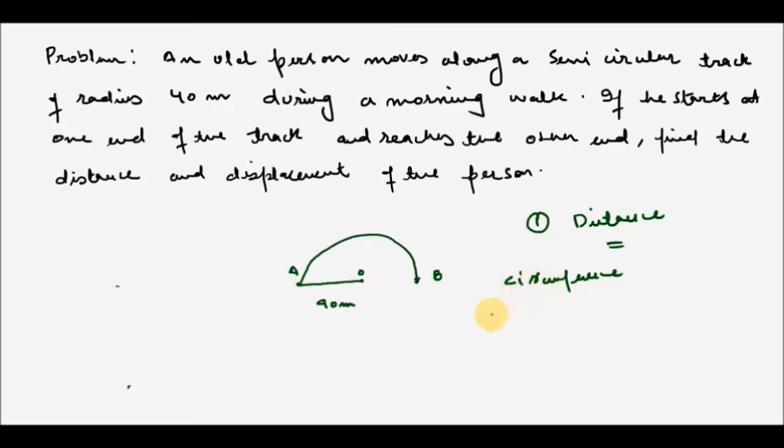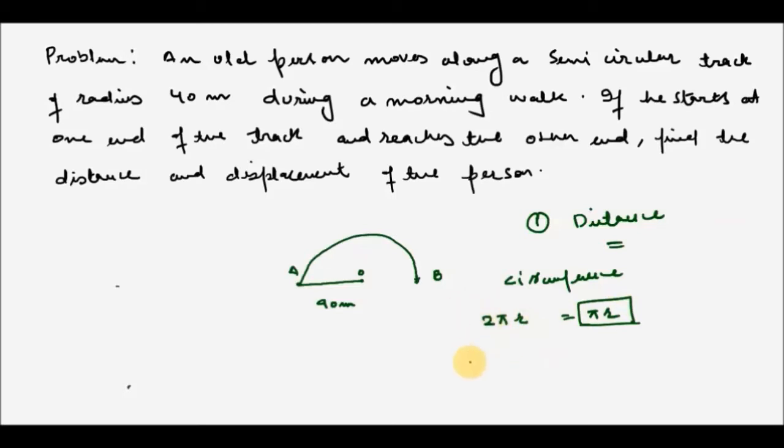Now, if the circumference of a full circle is equal to 2 pi r, then the circumference of a semicircle has to be equal to pi r. Or I can say it has to be equal to half of the full circle. So this pi r is actually the distance that the object has traveled in a semicircular track.